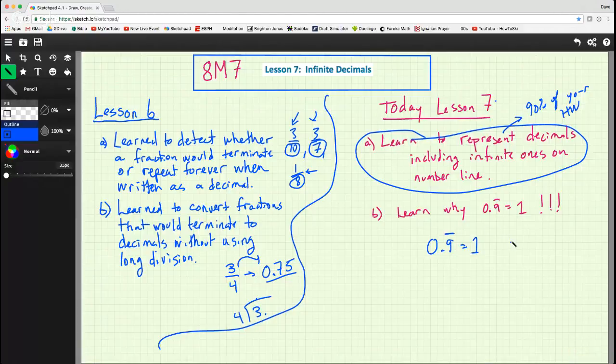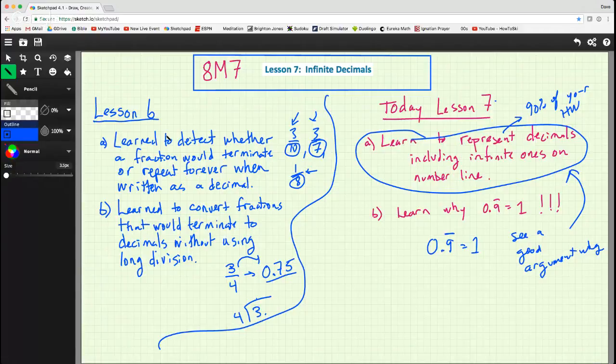We're going to see a good argument why. And it's based on this trick, this skill that we're going to develop today, that helps us represent decimals, including infinite ones, on a number line, or at least to approximate them.